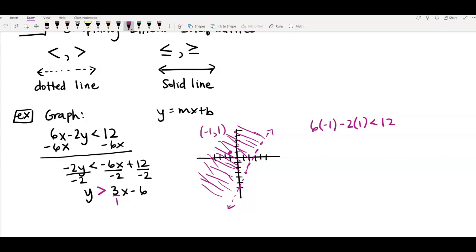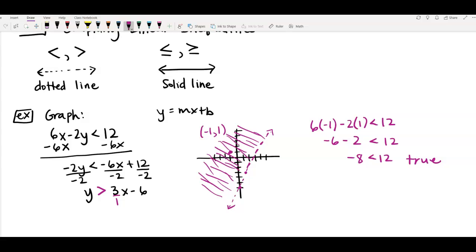Since this is on the shaded side, that means I should get a true statement here. So I get negative 6 minus 2, which is negative 8, is less than 12, and that is a true statement.